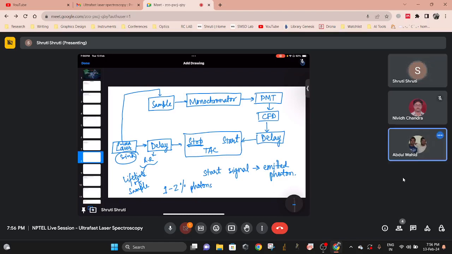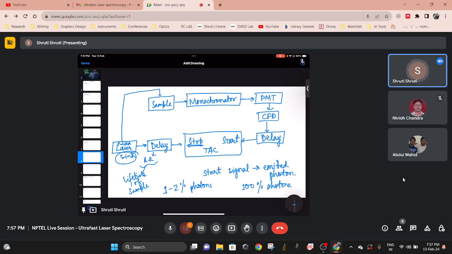Also, to get a probabilistic picture, suppose you take 100% of the photons every time. Then mostly you will get the fast photons, the photons whose lifetime is less. But when you block 98% of the photons, you have a probability that you have blocked the fast photons.